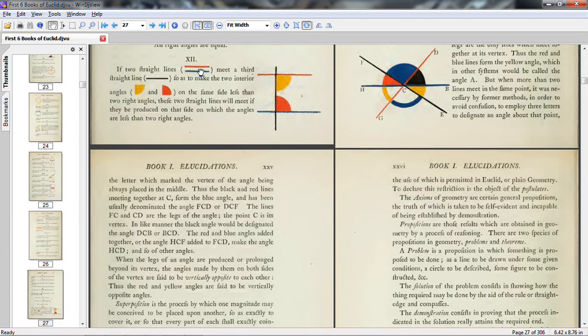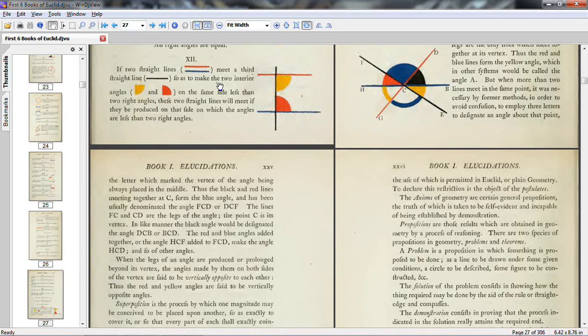If two straight lines meet a third line, okay, now this is the famous parallel postulate, or parallel axiom, which says something that any school child would immediately agree with, and any adult would as well.